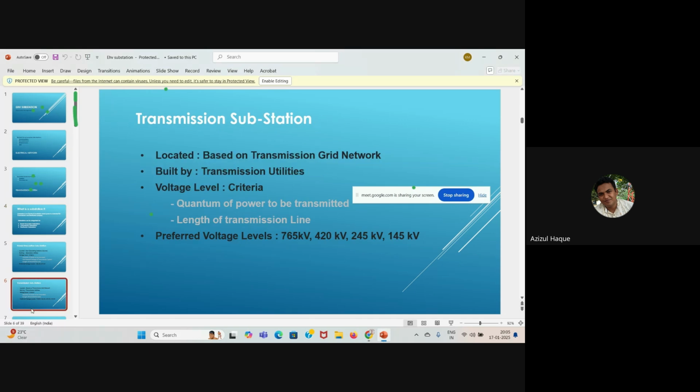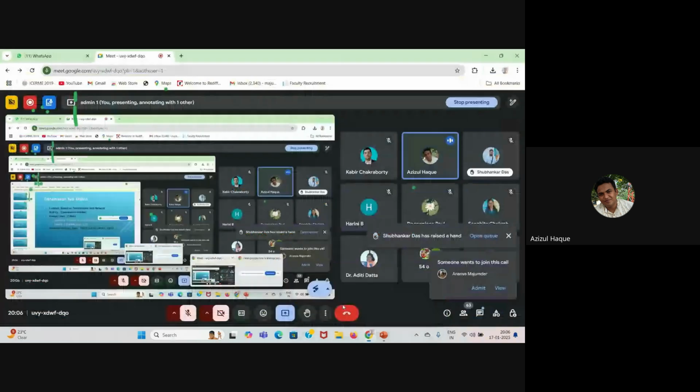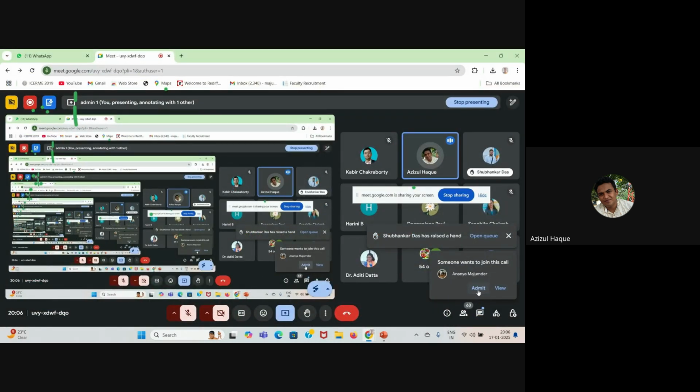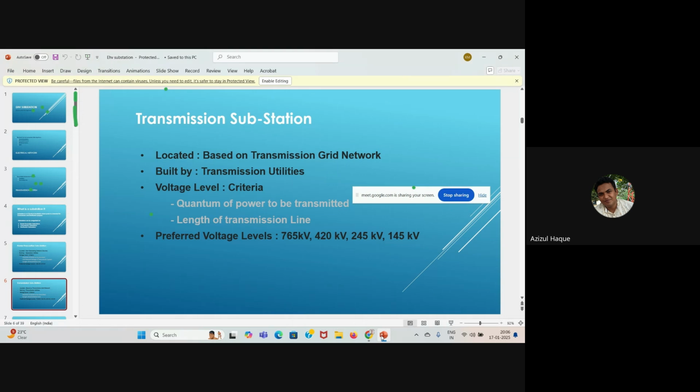Loss is minimized at the 765 kV level, and in fact an experiment is going on to upgrade it to the 1200 kV level, although it is not yet successful, because if we step up the level, then we have to make the equipment at that level: 1200 kV circuit breakers, current transformers, CVT.